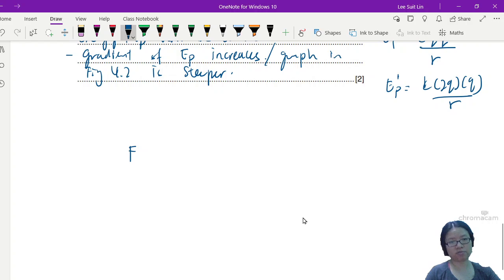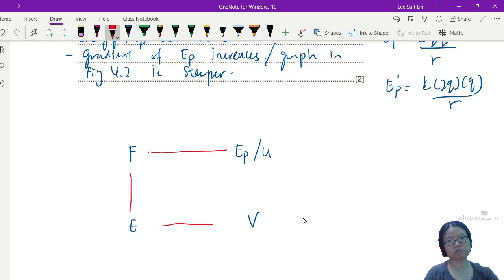You have F, you have electric field strength, you have electric potential energy, sometimes it's U, depends on the question. You have electric potential V. So electric force, electric field strength, electric potential energy, electric potential. These 4 things are correlated. There's a relationship between all these 4.